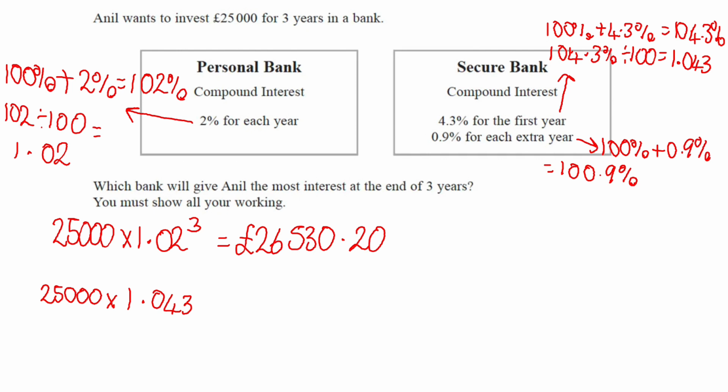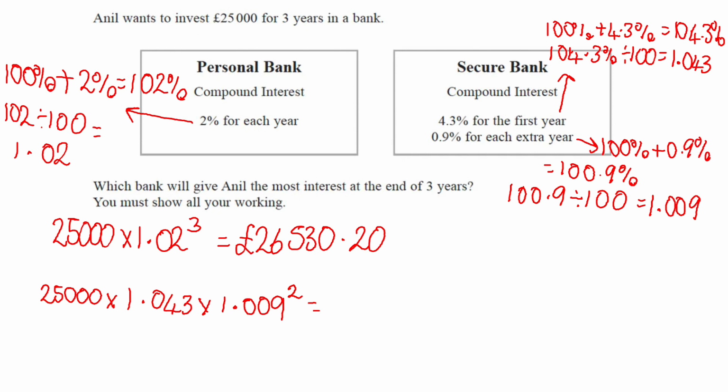Then we're going to put it into our multiplier: 100.9 divided by 100. Remember, that's going to change our place value. We're going to go back by 2. So we've got 1.009 as our multiplier. So I'm just going to put that here because this represents the other 2 years it's in the account. And because it's going to be in there for 2 years extra, we put power of 2. That's our number of years when it's 0.9%.